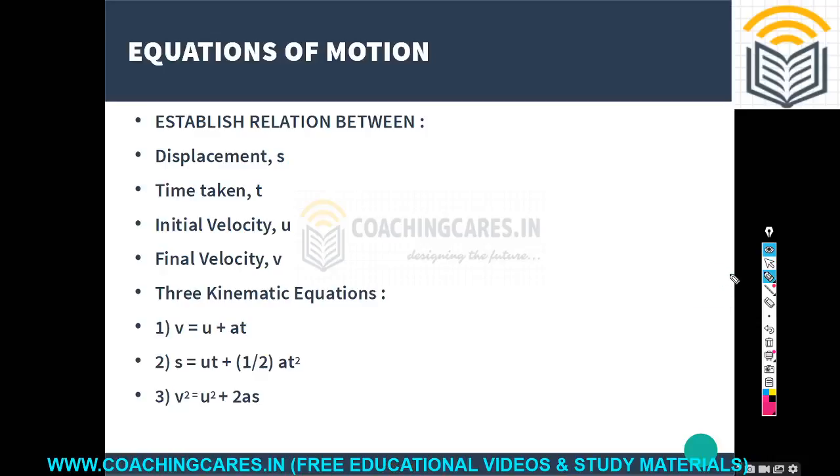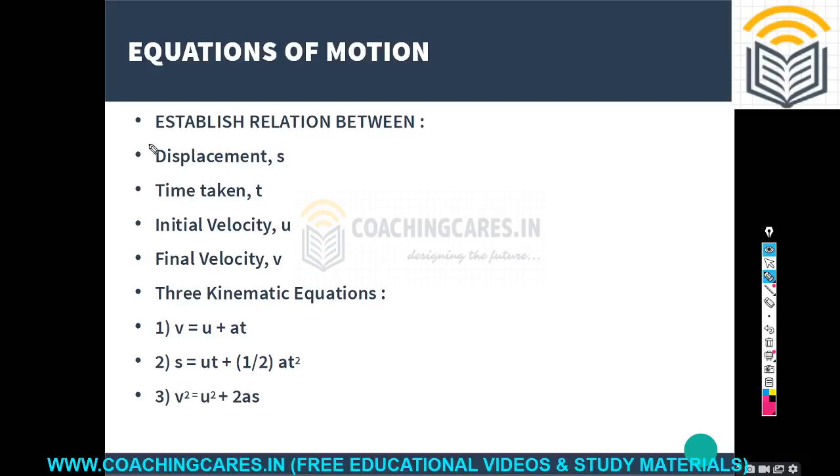We will establish all the relations. The values and the quantities are utilized in these equations to understand or to describe the motion of any object.